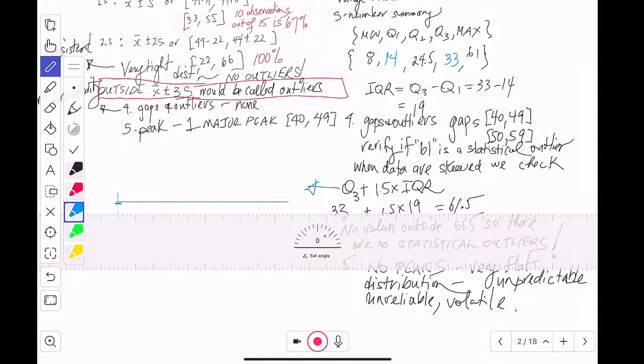Okay, so that's 8, and then 9, 10, 11, 12, 34. So I'll say this is 14, 15, 16, 17, 18, 19, 20. So this is 24.5, something like that, and then 33.